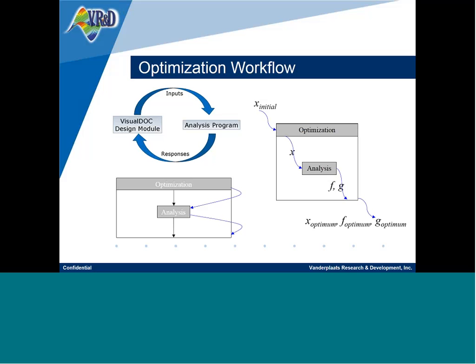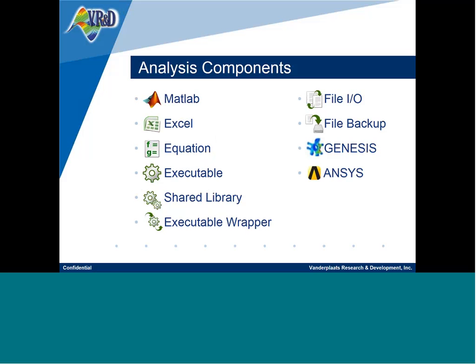Then the optimization algorithm determines the next design value of the design variable based on the output from the analysis program. This process continues until it locates the optimal solution.